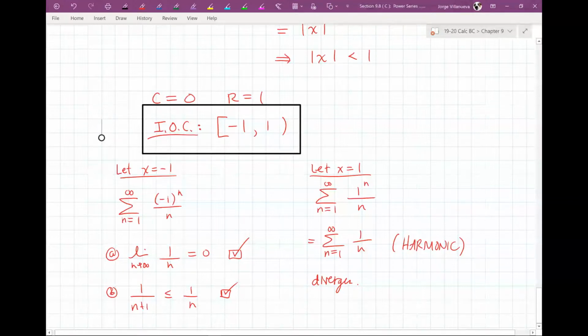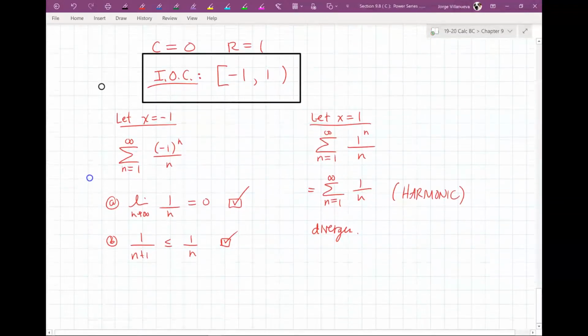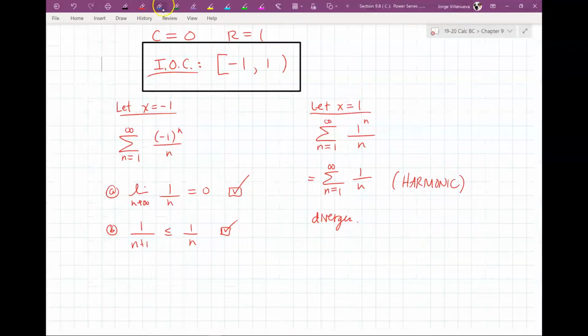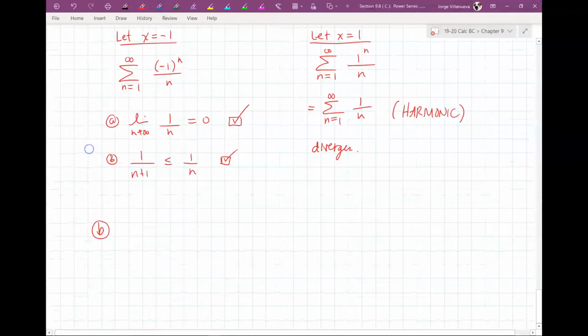Now let's figure it out for part B, the integral. Okay? We're going to integrate. So let me write part B here. Now we have to integrate the function. Okay? We have to integrate the function. I'm going to put it over here on the side.